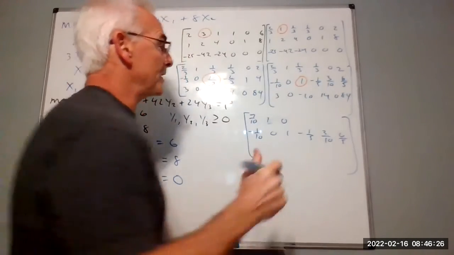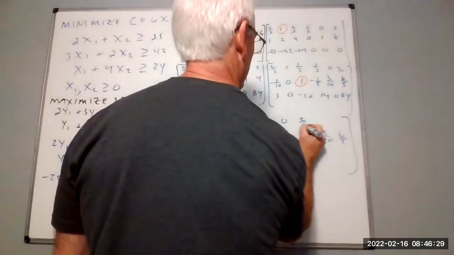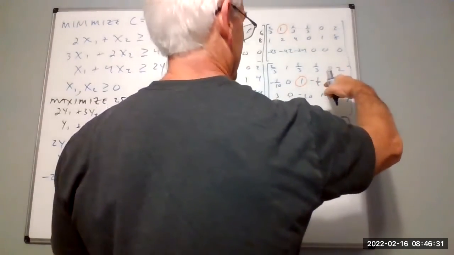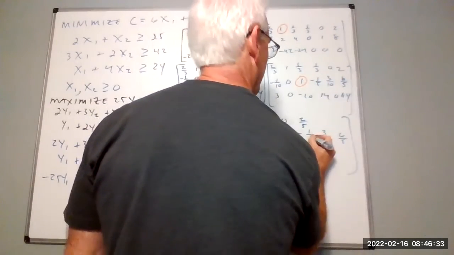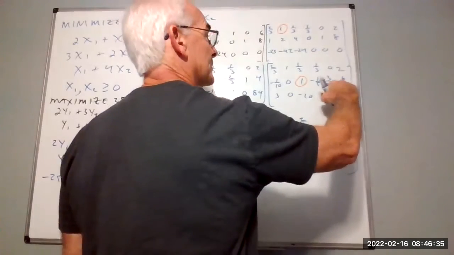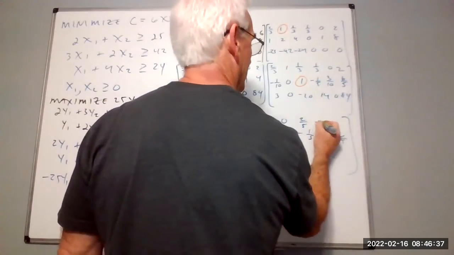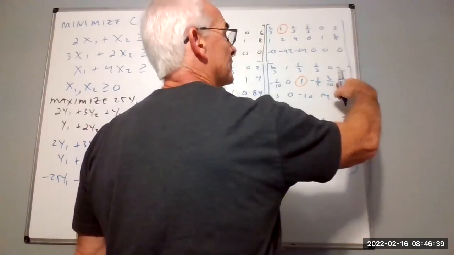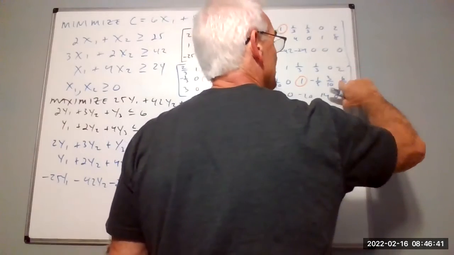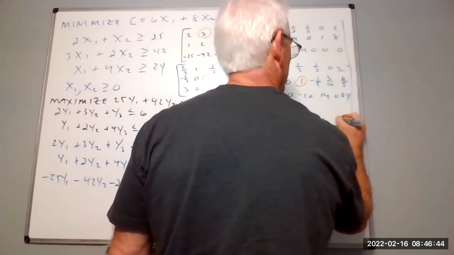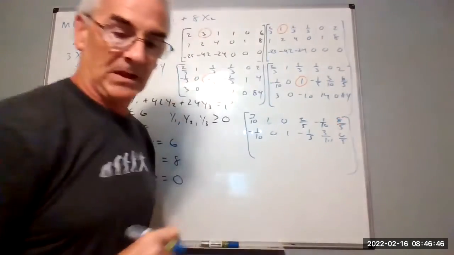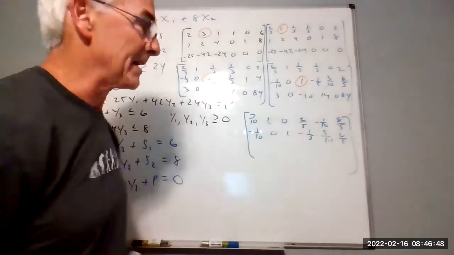And that would be 2/5. Let's see, so -1/3, that'd be -1/10. -1/3, so that'd be -2/5 plus 2 would be 8/5. Okay, so hopefully we are correct at that point.